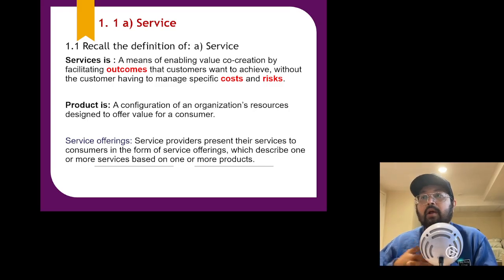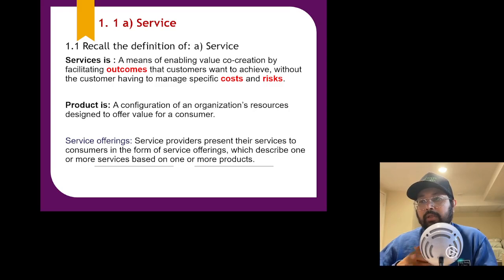Service providers present their services to consumers in the form of service offering, which describe one or more services based on one or more products. For example, one company is providing IT technician service to the other company, that will be a service from that technician.